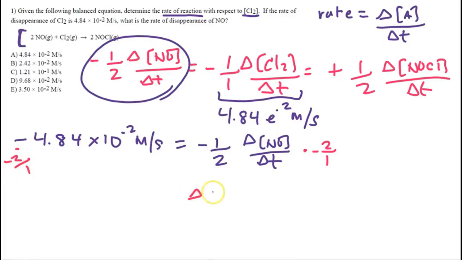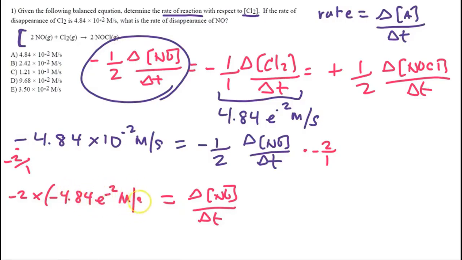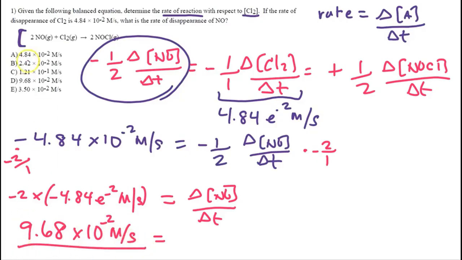So my change in NO divided by my change in T is equal to negative 2 times negative 4.84 times 10 to the negative 2 molarity per second. Putting that in my calculator, my answer would be 9.68 times 10 to the negative 2 molarity per second, which for me is letter D.